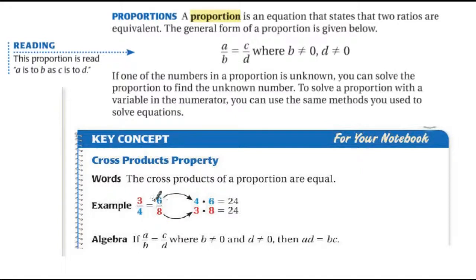We're going to cross multiply. We multiply 3 times 8, which is equal to 24. And we also check 6 times 4, which is 24, and therefore both of these ratios are proportional, they're equal. Okay, so now let's move to some examples of how we're going to use cross multiplication to solve.